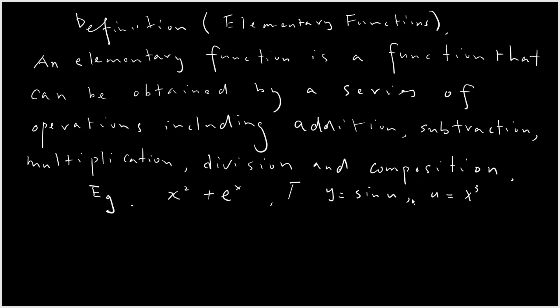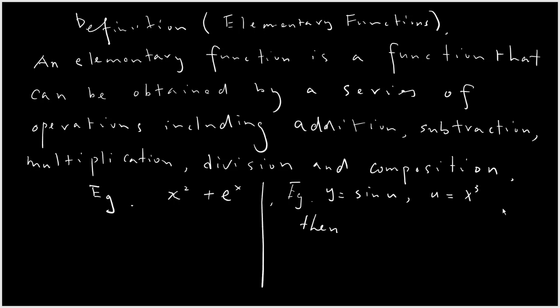Another example. If y as a function of u is sine of u, and u is a function of x as x cubed, then after performing the composition operation, we can treat y as a function of x. You plug u equals x cubed into sine of u.